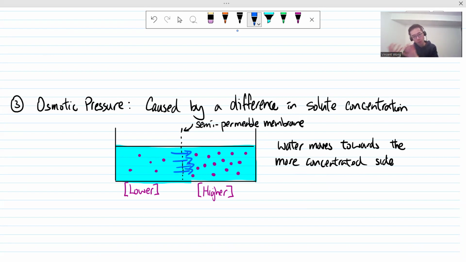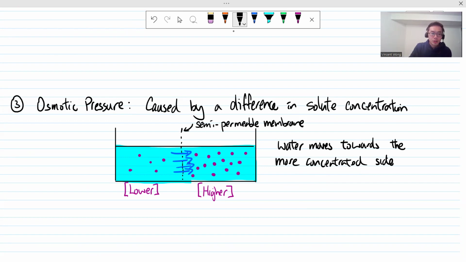Okay? So as water moves to the right side, it will dilute the right side and it will concentrate the left side. This will continue until the concentration balances out. And this ability to suck water towards one location creates the osmotic pressure.